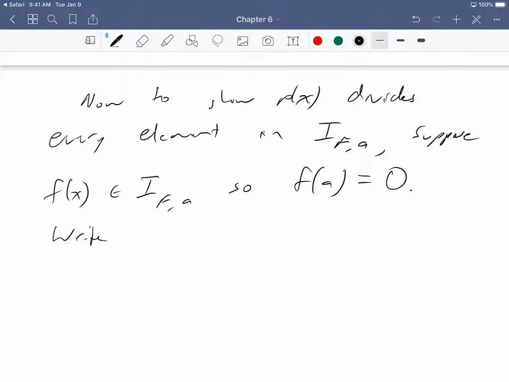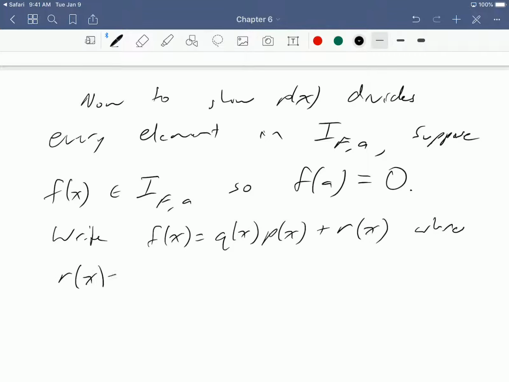We're going to use the division algorithm to write f of x as some q of x times p of x plus a remainder polynomial r of x. And that remainder polynomial is either 0 or the degree of it is less than the degree of p of x.